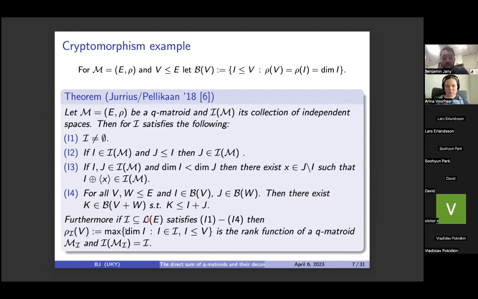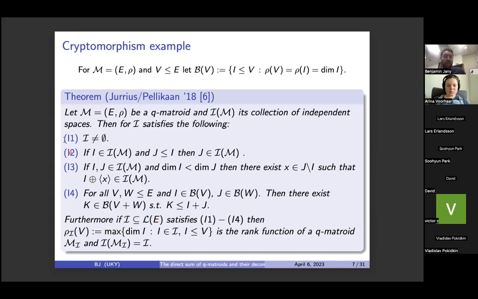Because if we start with any collection of spaces of a finite dimensional vector space E that satisfies those 4 properties, then that collection of spaces uniquely determines a q-matroid whose independent spaces will be precisely the collection of spaces that we started with, right?